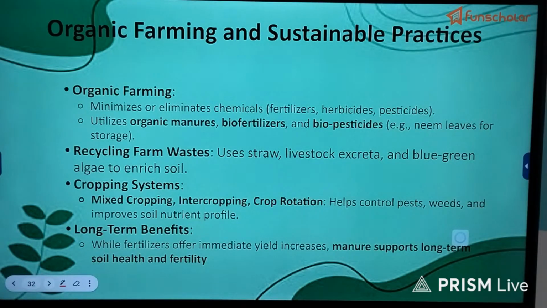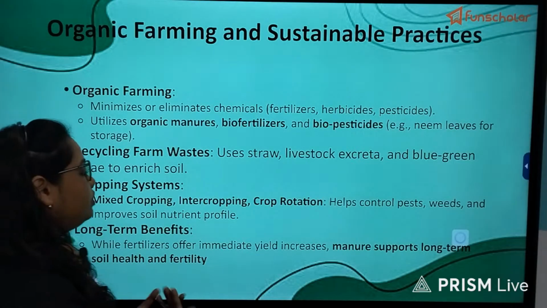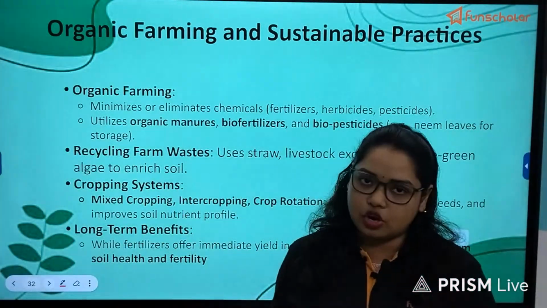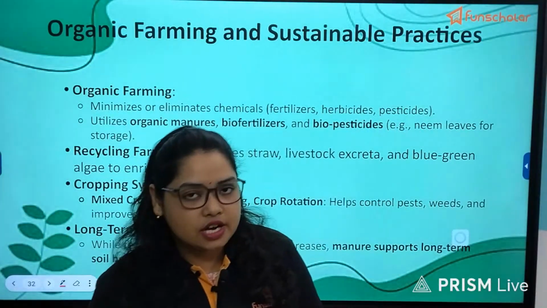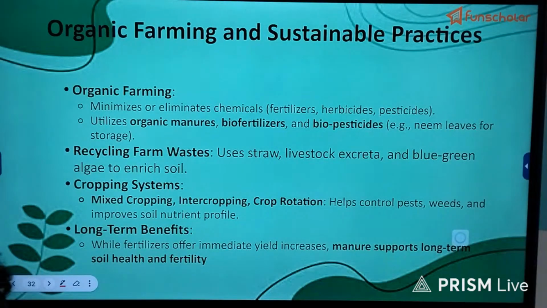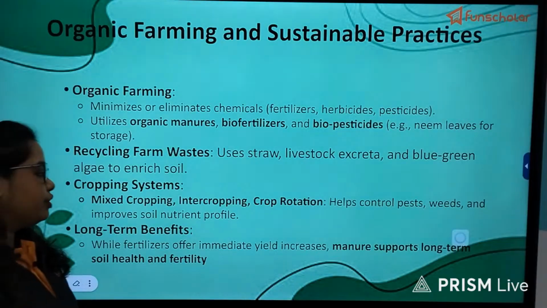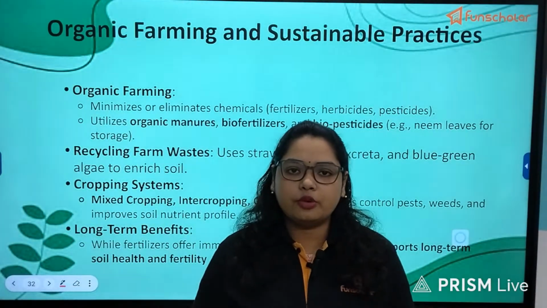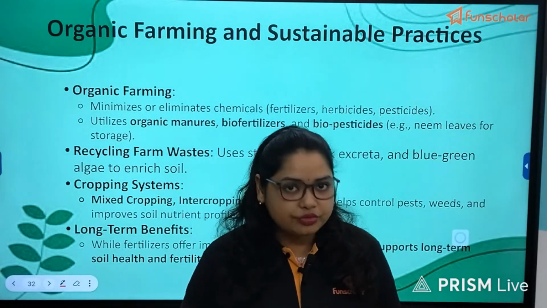Now, cropping system. What is that? There are different ways that we can carry out the cultivation of crops: mixed cropping, intercropping and crop rotation. All of them help to control pests and weeds and improve the soil nutrient profile, because each type of crop requires different types of nutrients.